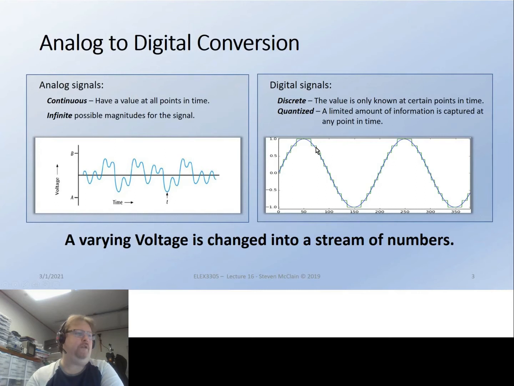Now there can only be so many levels, and it can only make a measurement so quickly, based on your sampling rate and your resolution. So a 4-bit converter can do 16 steps, and a 16-bit converter can do 65,000 steps, and everything in between, if you want 10 bits or whatever.